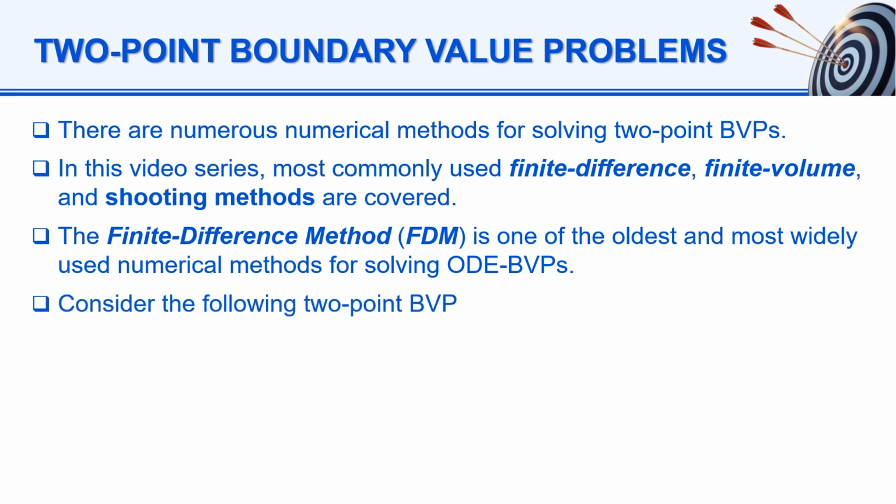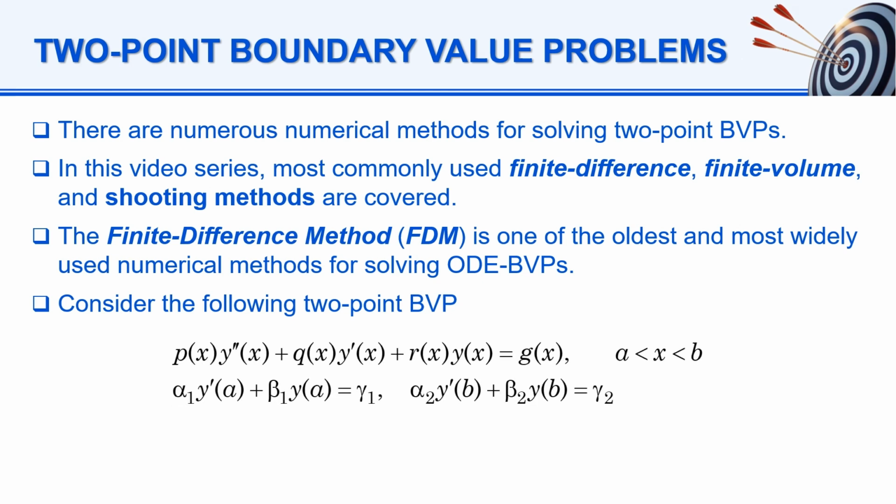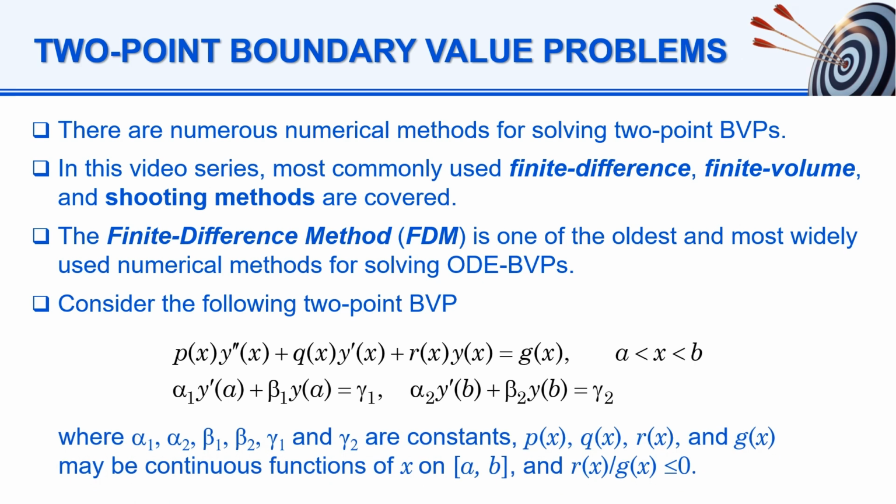Consider the following two-point boundary value problem, where alpha 1, alpha 2, beta 1, beta 2, gamma 1, and gamma 2 are constants. P, Q, R, and G may be continuous functions of x on the closed interval from a to b, and the quantity shown is less than or equal to 0.